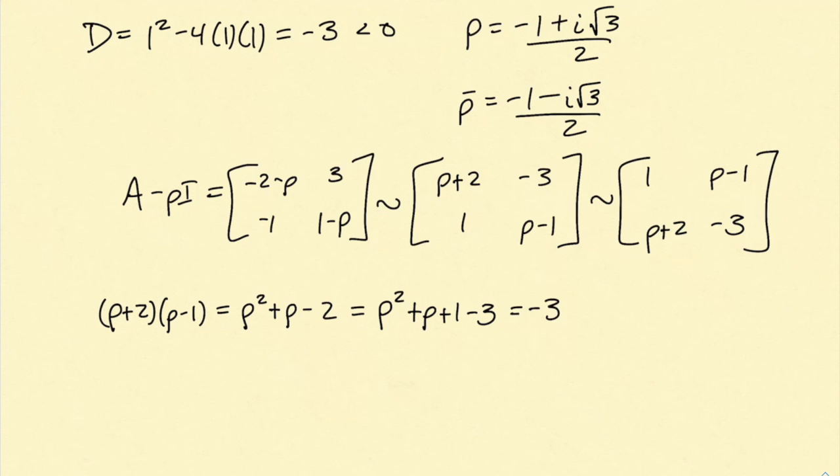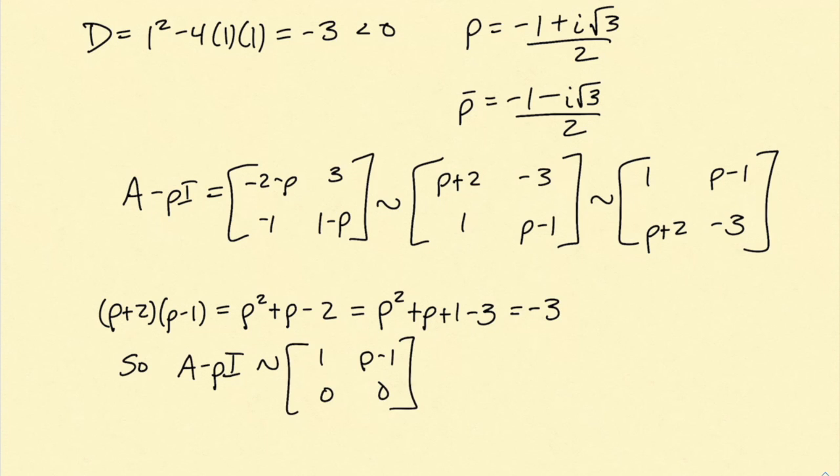So this tells us that when we multiply the top row by rho plus 2, we'll get rho plus 2 and minus 3. So when we subtract rho plus 2 times row 1 from row 2, we'll get the matrix 1, rho minus 1, 0, 0.